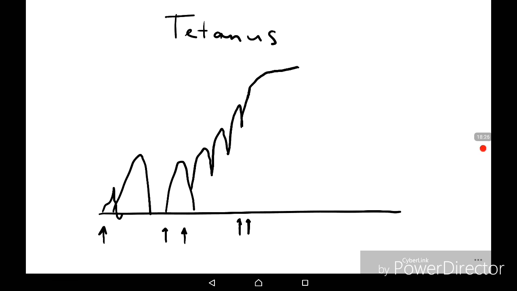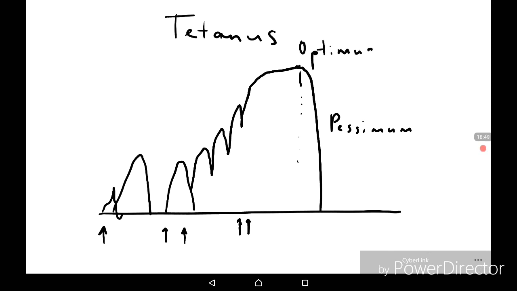At that point the muscle contracts even more, the amplitude increases even more, and at some frequency we will have the maximal amplitude of the muscle contraction. If we increase the frequency even more, we will have complete relaxation. This phase is called pessimum, and the highest amplitude of the muscle contraction is called the optimum phase.